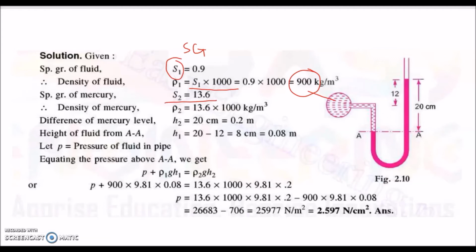And then we need to subtract 12 from 20 to get the length here. So we get 8 cm. Both heights need to be converted to meters, so we have H2 0.2 and H1 0.08.